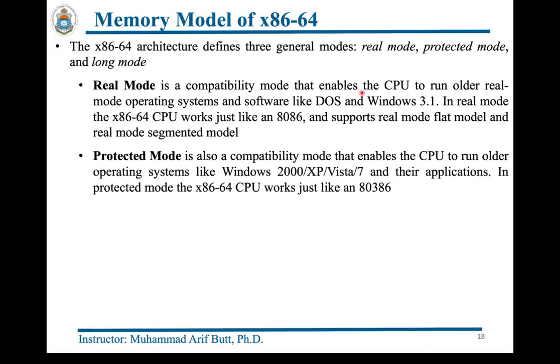Protected mode is also a compatibility mode that enables the CPU to run older operating systems like Windows 2000, XP, Vista, and Windows 7, and of course their applications. In protected mode, the x86-64 CPU works just like an 8386 CPU.